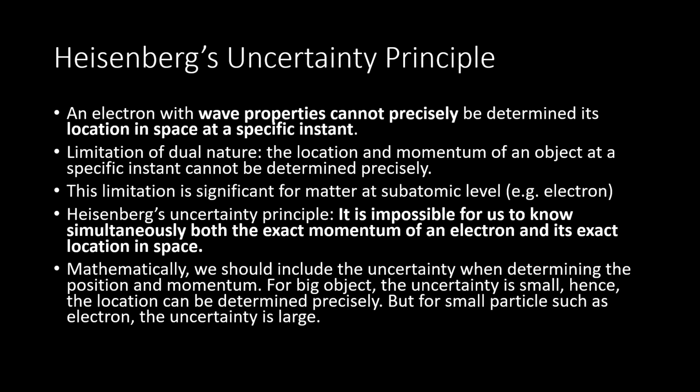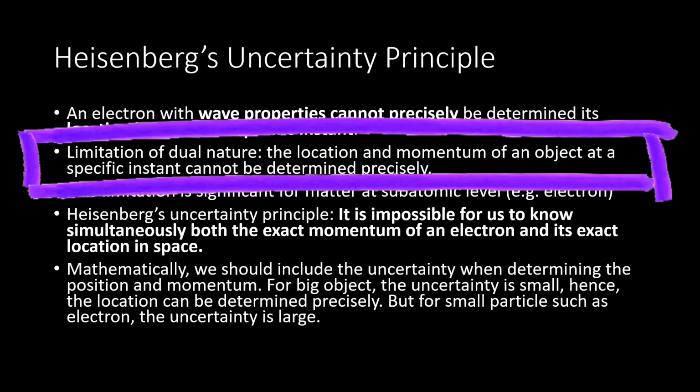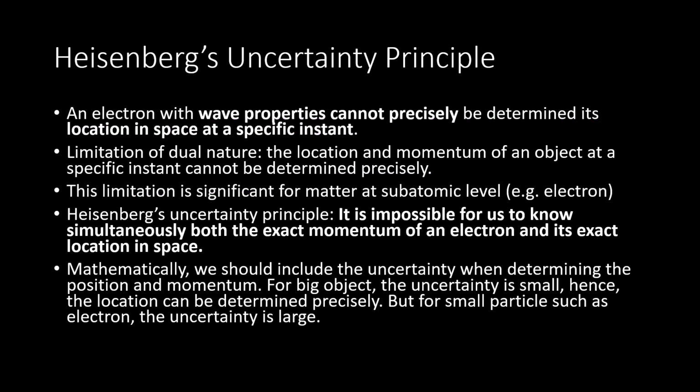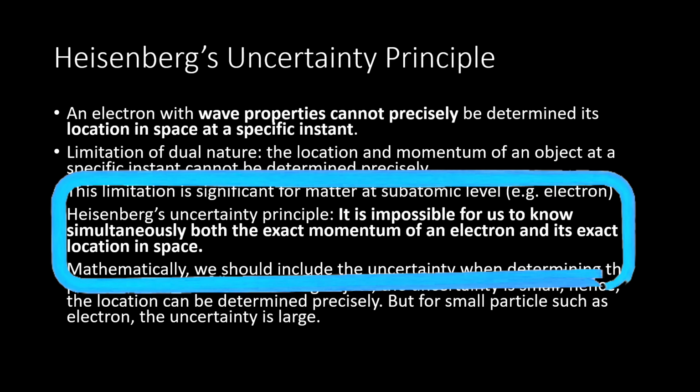As an electron is not just a particle but also behaves like a wave, therefore we cannot precisely determine the exact location of an electron in space at a specific instant. Hence, Heisenberg came up with Heisenberg's uncertainty principle, which stated that it is impossible for us to know simultaneously both the exact momentum of an electron and its exact location in space.